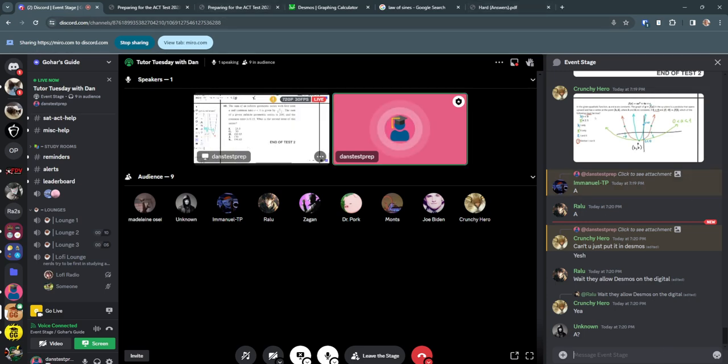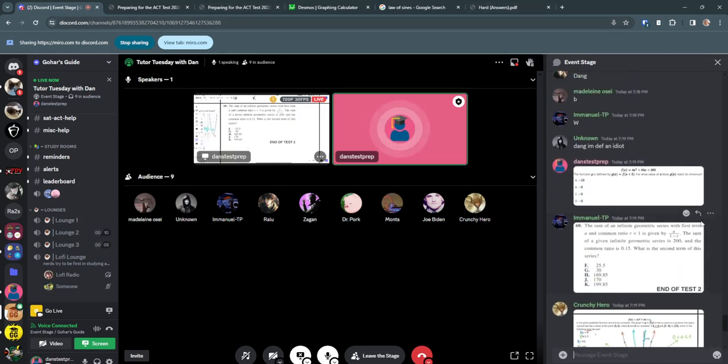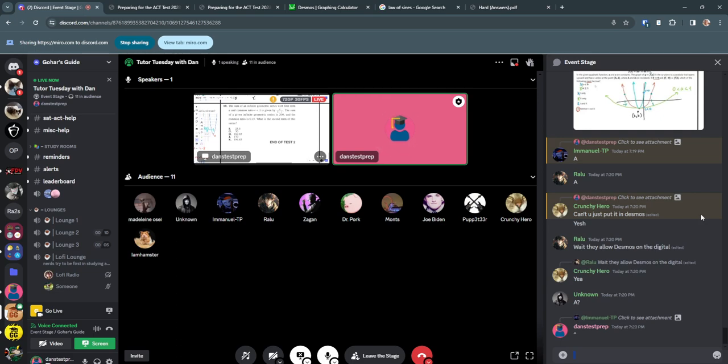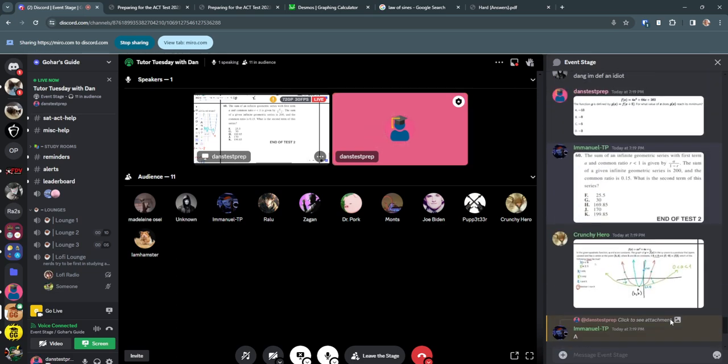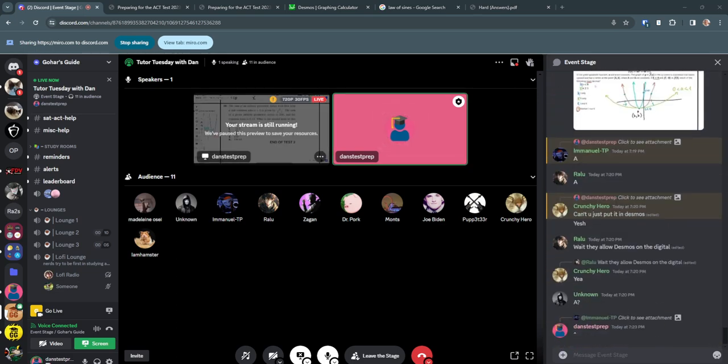And we got one more problem here. We're going to be doing this ACT problem. The sum of an infinite geometric series with the first term a and common ratio r less than 1 is given by a over 1 minus r. The sum of a given infinite geometric series is 200 and the common ratio is 0.15.